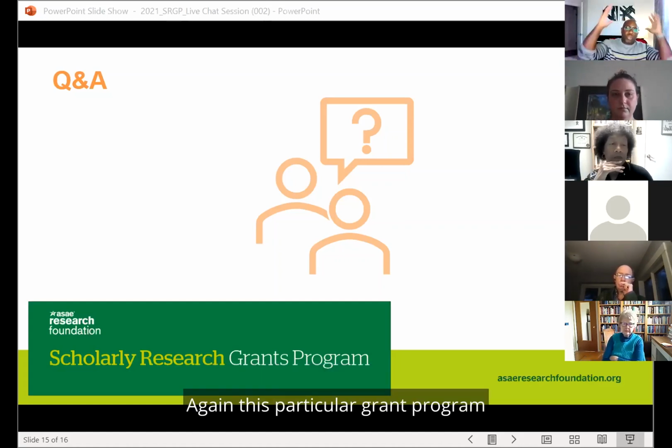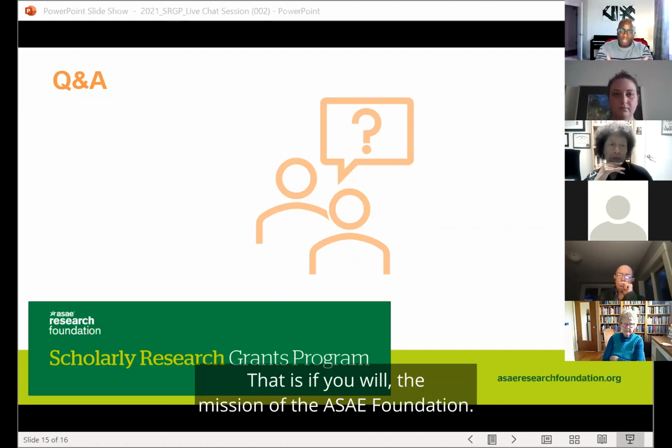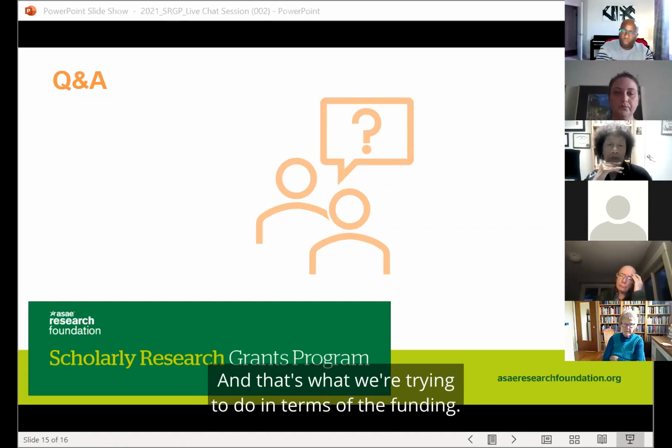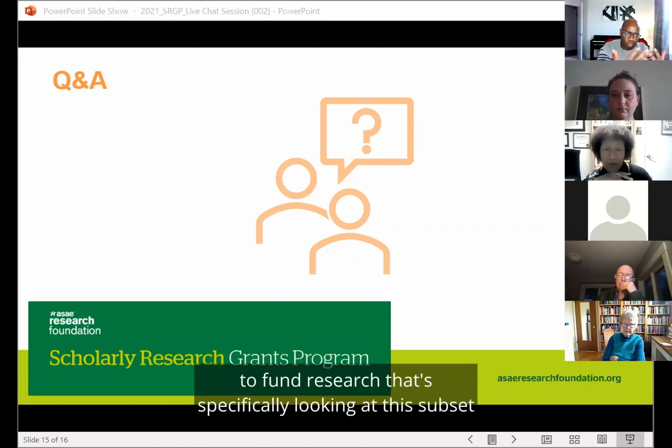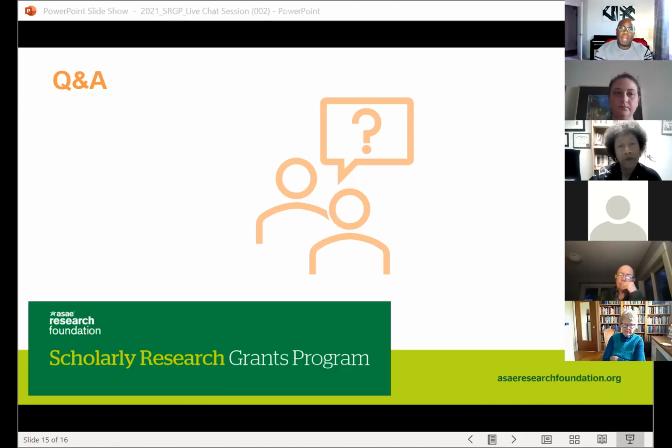Again, this particular grant program is looking at association management. That is the mission of the ASAE Foundation. And that's what we're trying to do in terms of the funding: getting money out there to fund research that's specifically looking at this subset of nonprofit management, because it's a very large area, obviously.